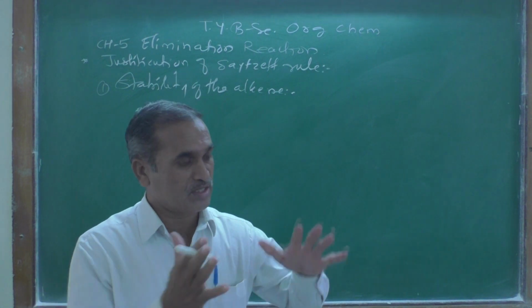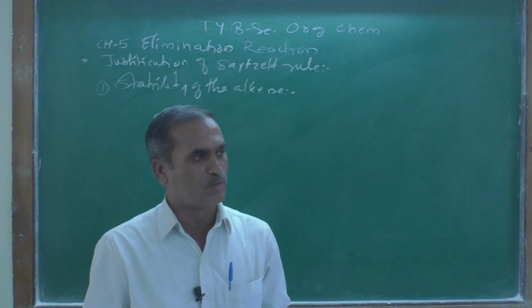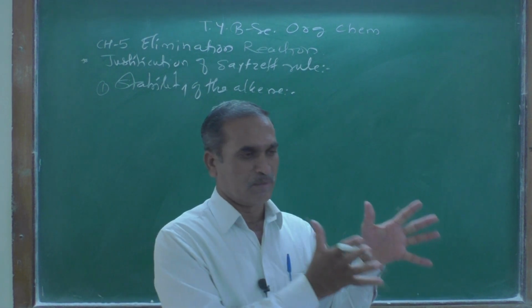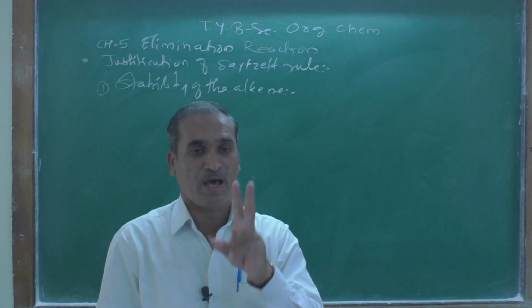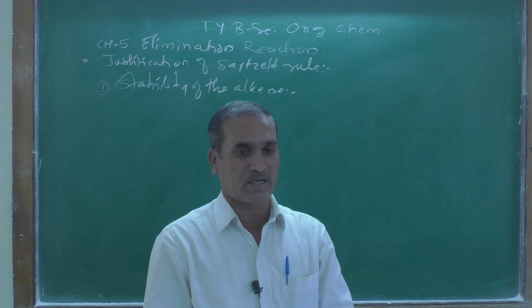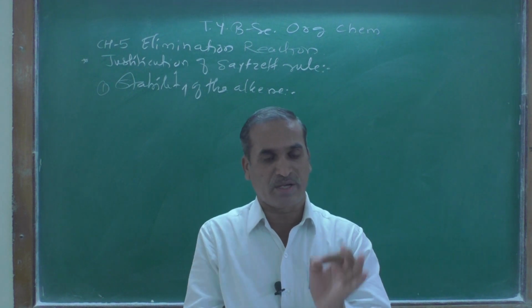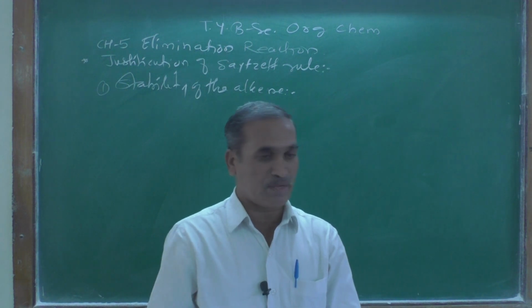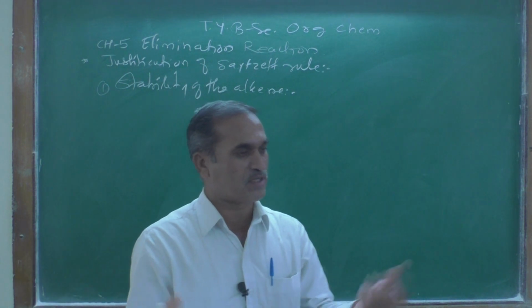How much percentage? Yesterday we saw that the starting compound we had taken was 2-bromobutane, treated with a base, generally sodium ethoxide. We got two kinds of beta hydrogen atoms, and two products are formed. One is the major, meaning 80% product we are getting, and the second one is just a 20% minor product.